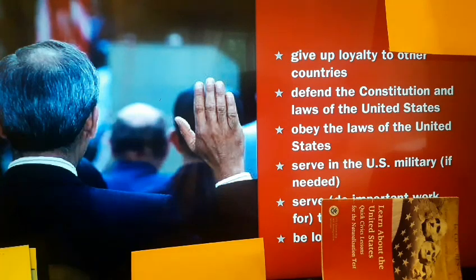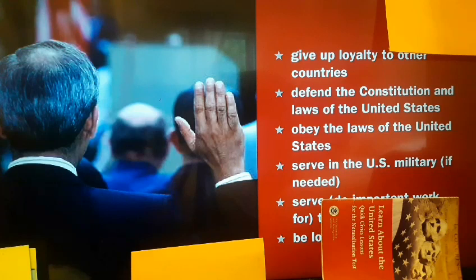Give up loyalty to other countries. Defend the Constitution and laws of the United States. Obey the laws of the United States. Serve in the U.S. military if needed. Serve, do important work for the nation if needed. Be loyal to the United States.